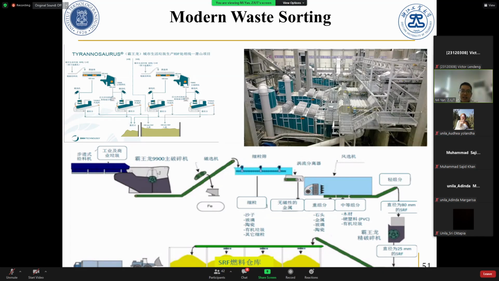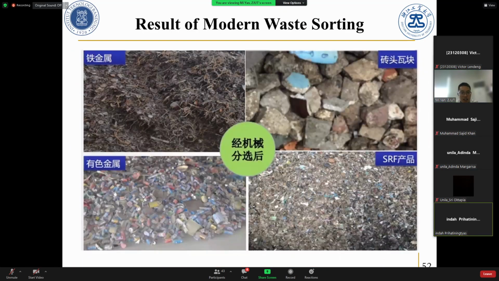And it can also increase the capacity of the incinerator because most of the uncombustible component is separated. And this is after sorting: the steel, brick. This is SRF for incineration, and this is metals, other metals.